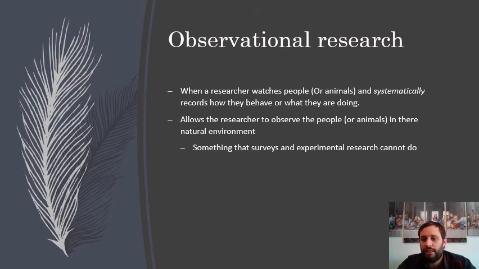What is observational research? Observational research is when a researcher watches people or animals and systematically records how they behave or what they are doing. This allows the researcher to observe people in their natural environments, something that survey and experimental researchers can't do. Before, in survey research, we were questioning the validity of asking people questions.